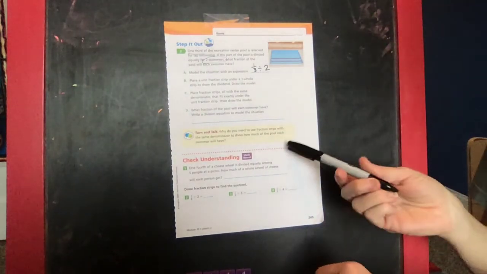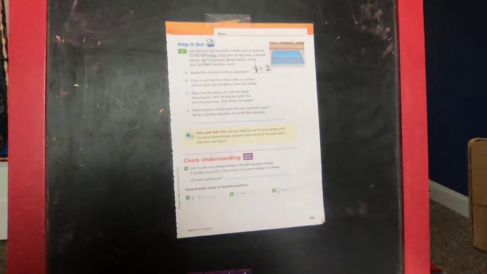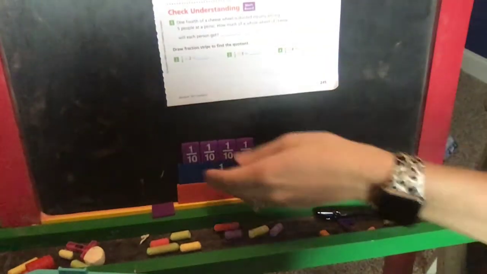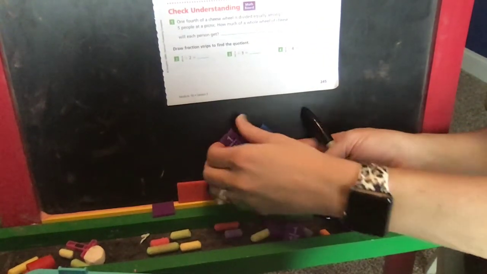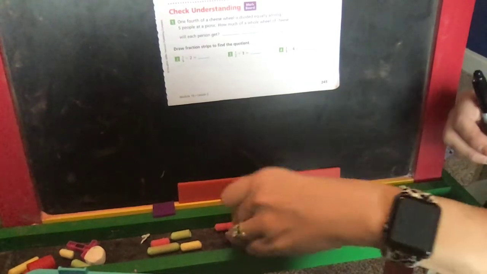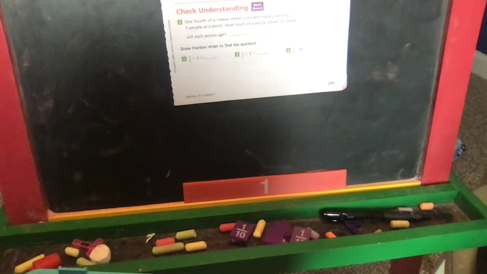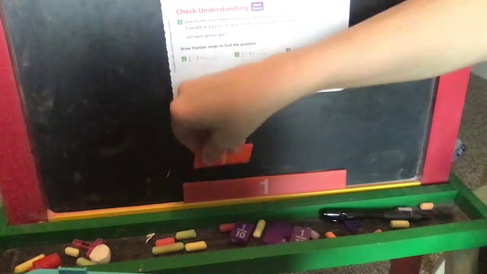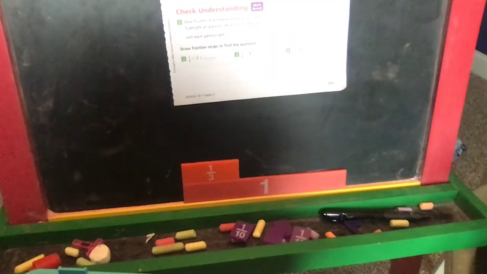Okay, so then it says place a unit fraction strip under a 1 strip. Let's come back down here. We've got our 1. Let me find my 1/3, and I'm putting a 1/3 into 2 parts.